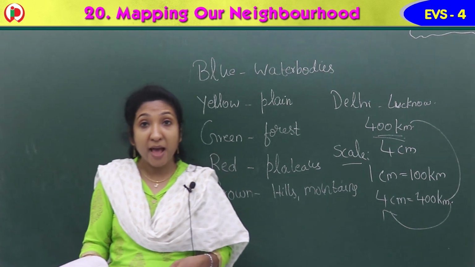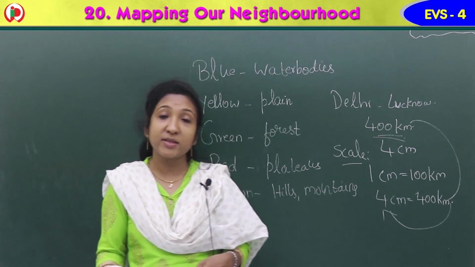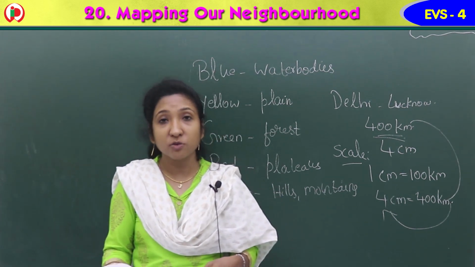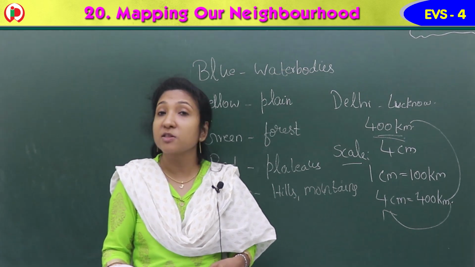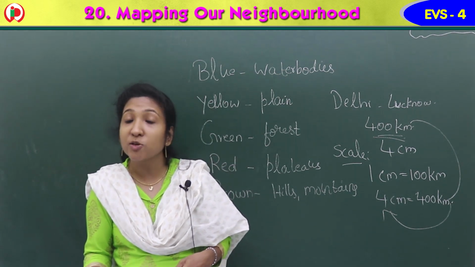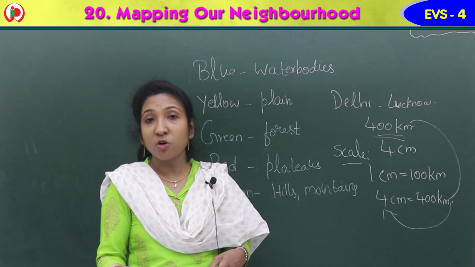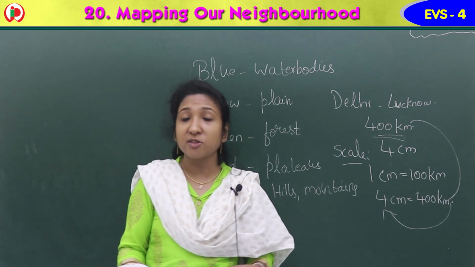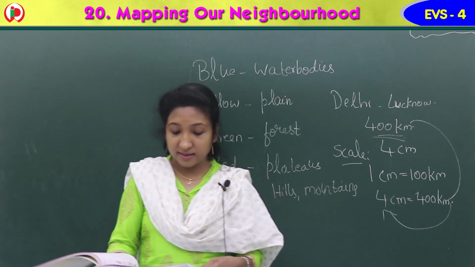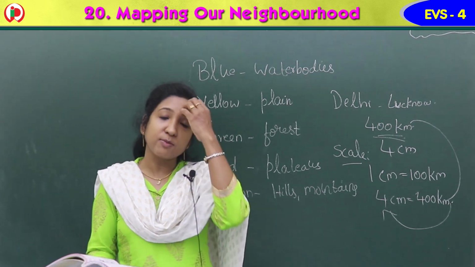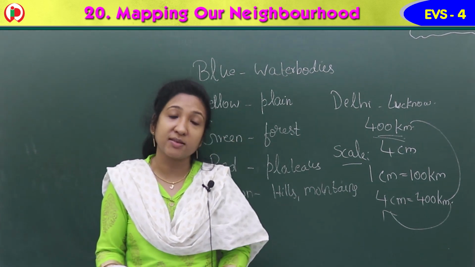Then a transport map shows transport routes: roads, railways, airline routes and all. The natural resource map shows natural resources of a region: coal deposits, petroleum deposits, oils, minerals, etc. So these are the different types of maps showing different features, isn't it?